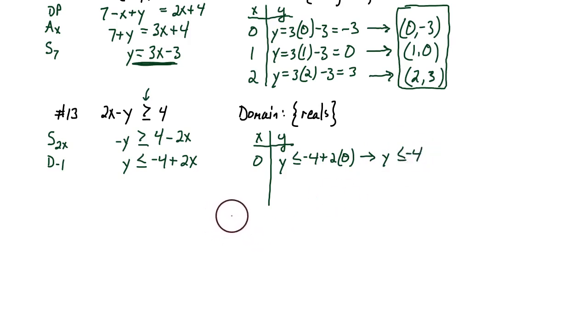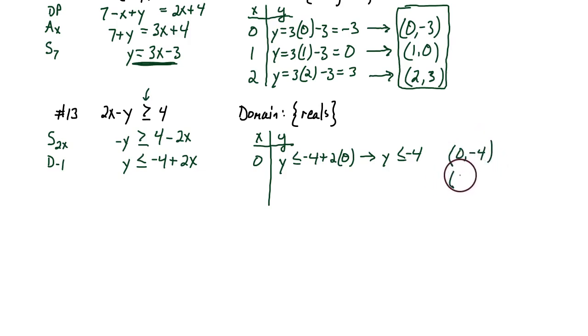Think about what we have just figured out. When the value of x is 0, the value of y turns out to be anything that's less than or equal to -4. We can find lots of ordered pairs just from this row of the table. For example, when x is 0, y could be equal to -4.